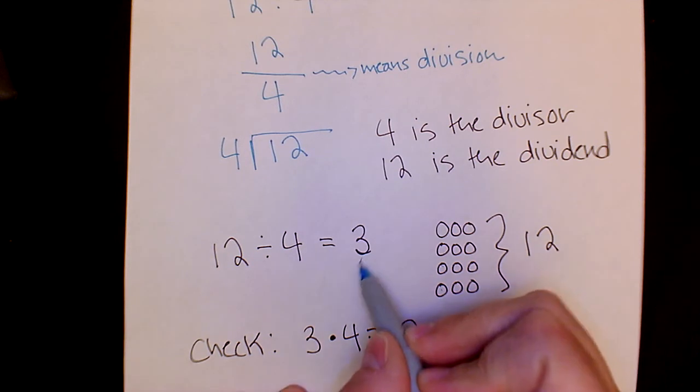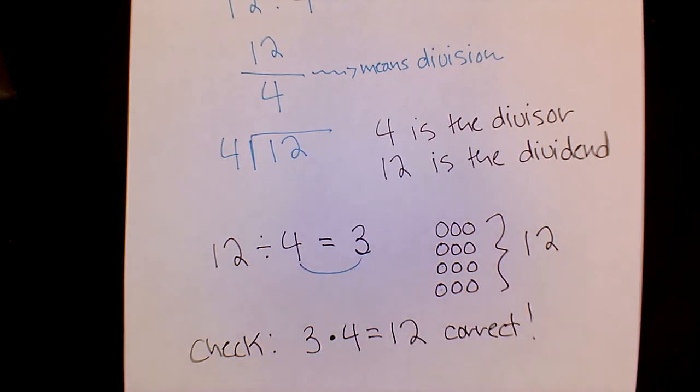So we can always multiply our answer by the divisor, get back to the 12. 12s match up, we're right. Okay?